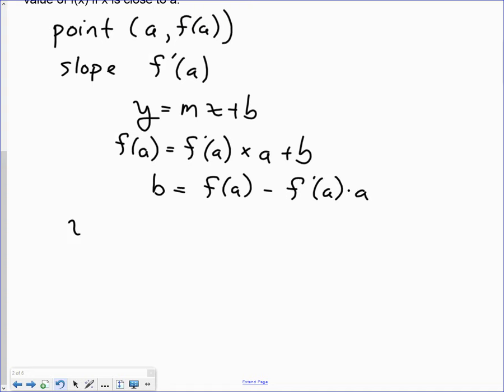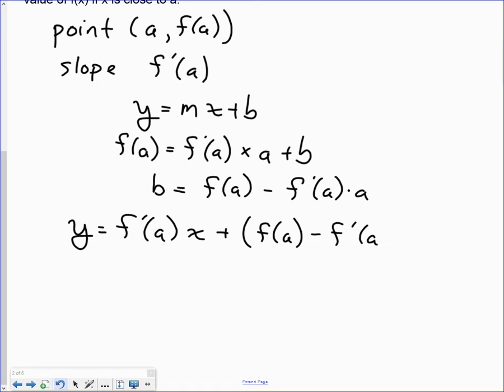So our equation for our tangent is y equals f prime at a times... sorry, not x times a. We want to go back to the general case here, x, plus our value for b here, f at a minus f prime at a times a.